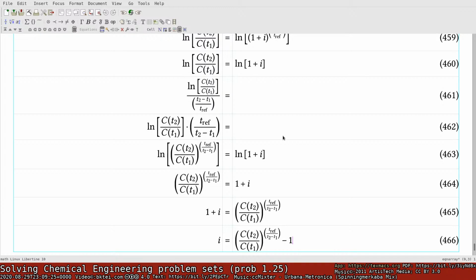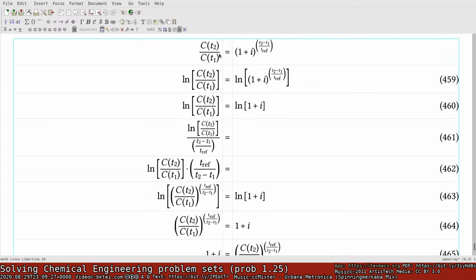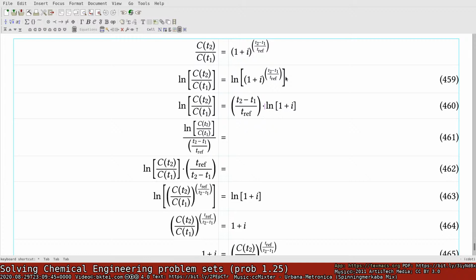Does every step make sense? I start off with the original equation, take natural log. That allows me to pull the, oh wait, where'd this go? I must have cut it. Yeah. There we go.